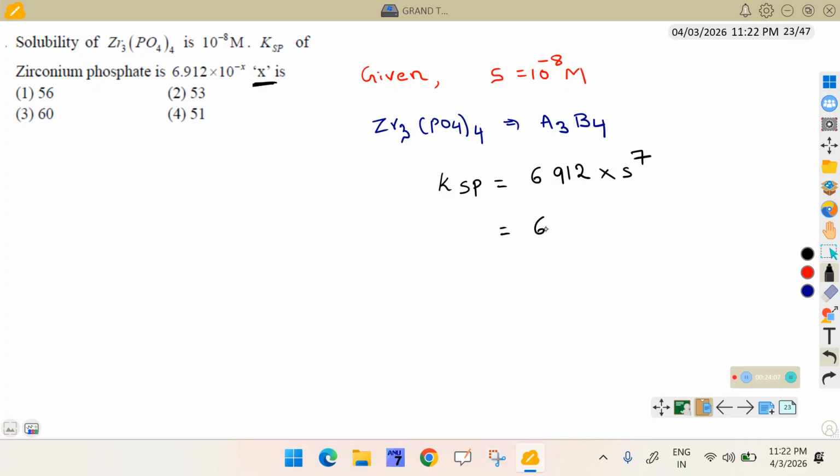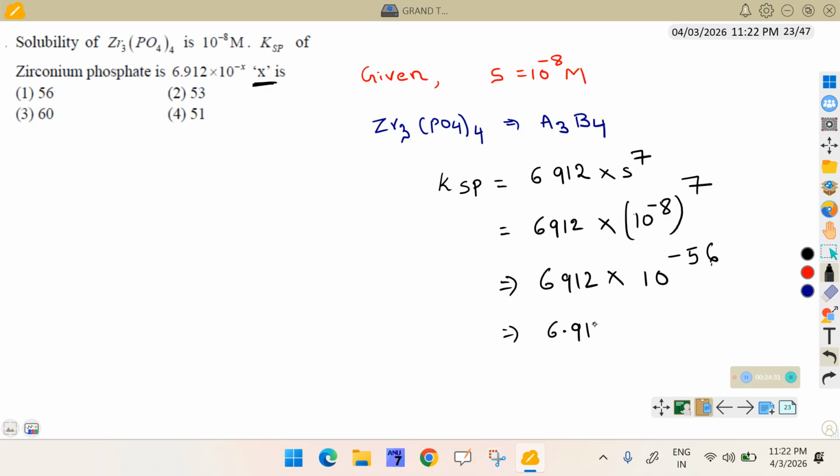Simplify: 6912 into solubility, 10 power minus 8, whole power 7. Then 6912 into 10 power minus 56, or it can be written as 6.912 into 10 power minus 53. Here, 6.912 into 10 power minus x, so x is 53.